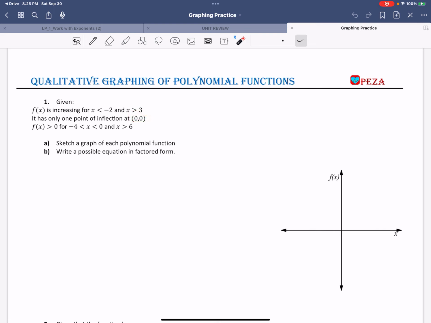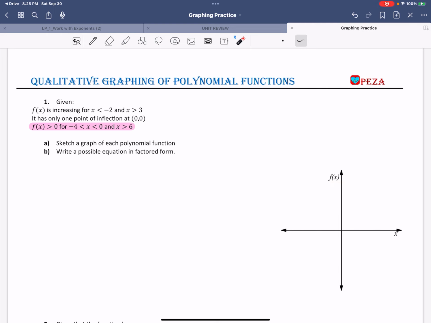Whenever we draw graphs qualitatively, our focus must first be on where the function is positive and where the function is negative, because that can tell us for what x values the function will be above and for what x values will be below the x-axis.